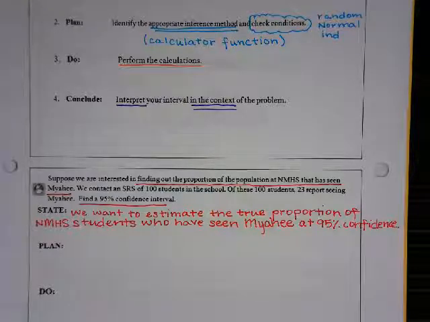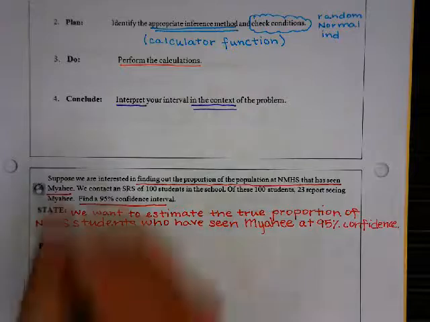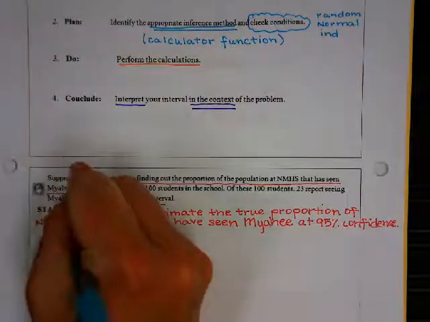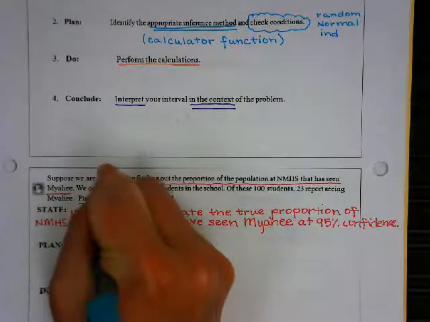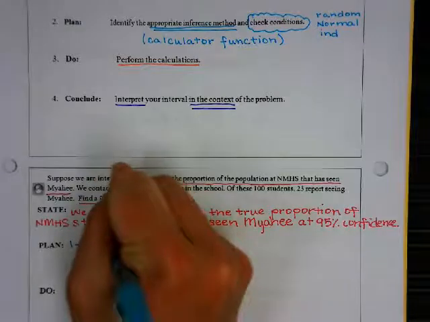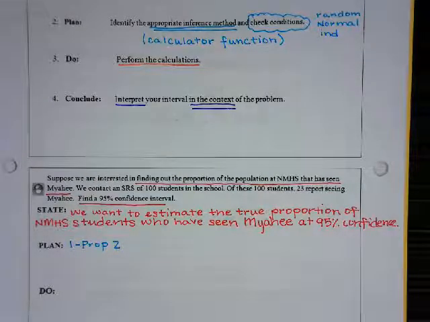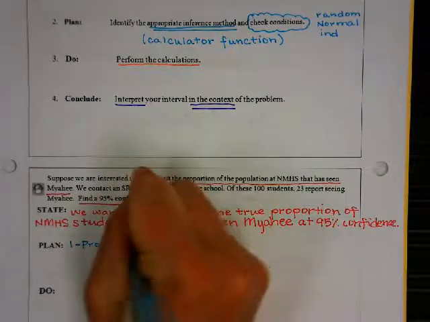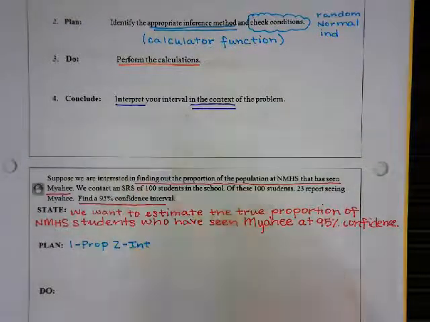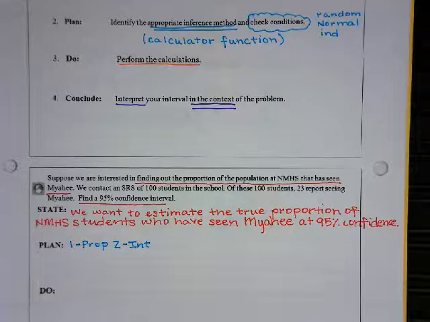So it's called a one prop, that's short for proportion, Z, because we're working with proportions, so we use Z star, not T star. Int stands for interval. One prop Z int. I'll show you how to get there in a minute. But that's the calculator function.